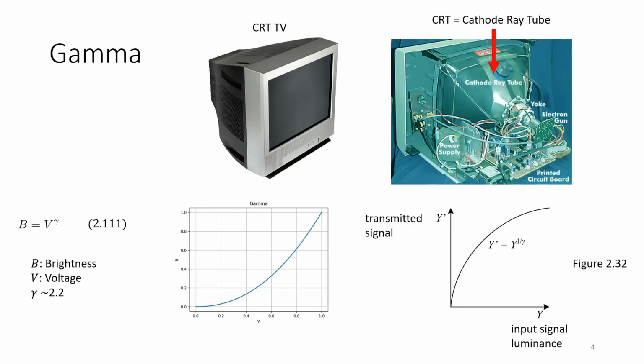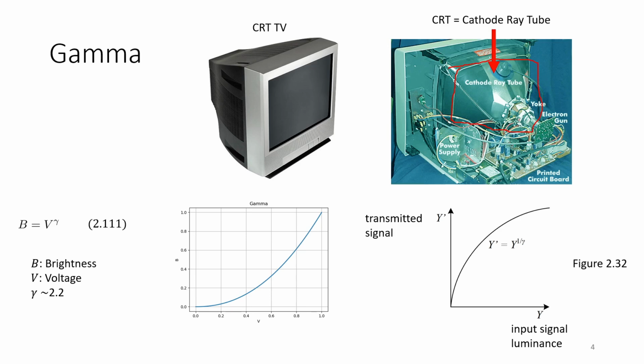So this is a very old TV. It's called a CRT TV, and CRT stands for cathode ray tube. It's this part. Because it's a physical property, when we give an input voltage, the generated brightness is not a linear function of the input voltage.